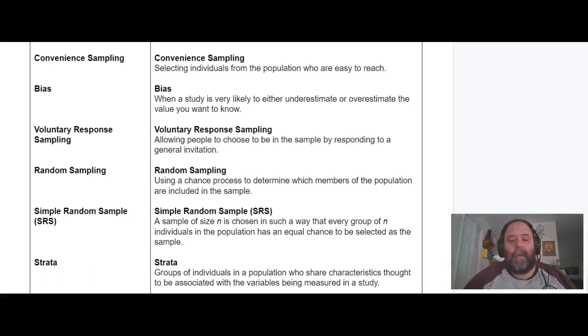Okay. One of the ways that we can create bias is by doing some sort of voluntary response sampling. And unfortunately, this is a pretty common error. It's not uncommon on our campus for students to send out a Google survey, saying, hey, we're doing this, we want to know what you think.